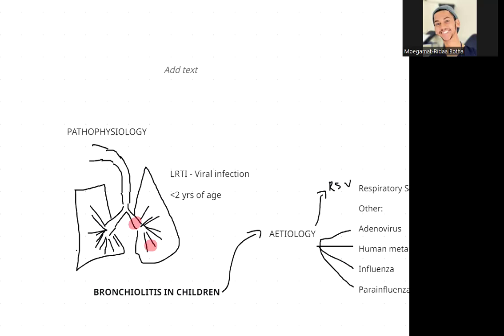So this inflammation causes mucus production, inflammation, and cellular necrosis of the structure of your bronchioles.